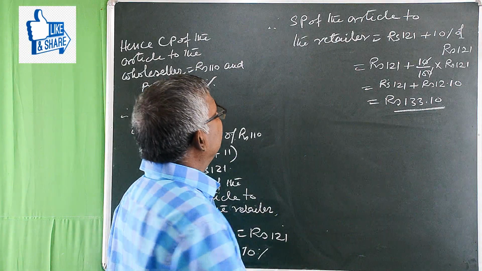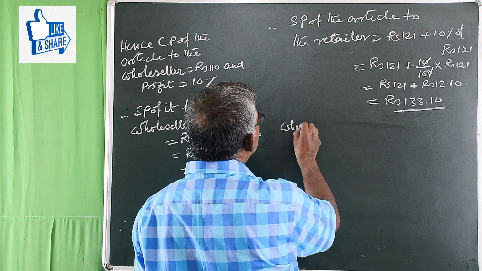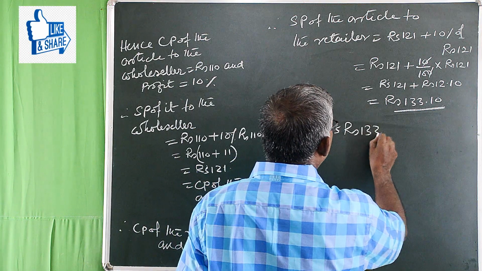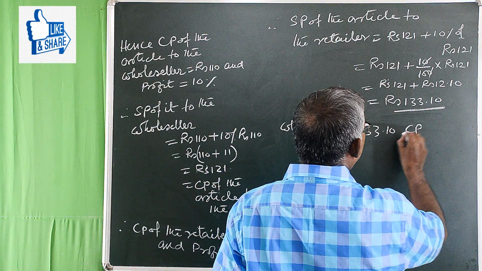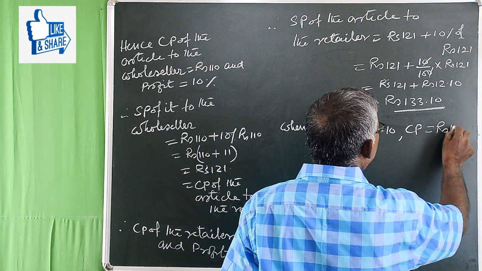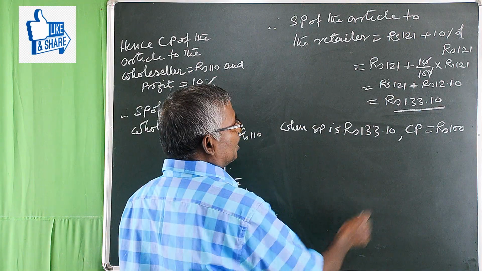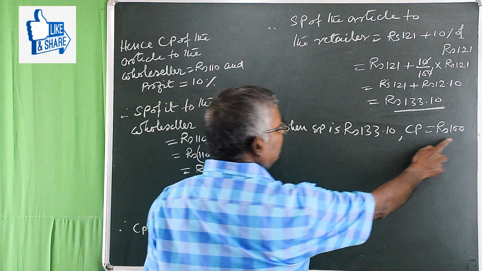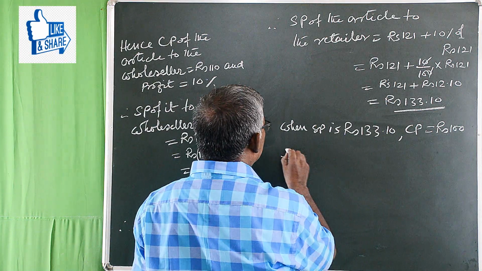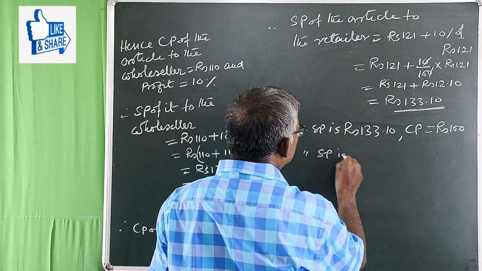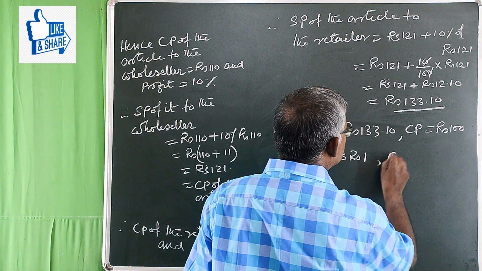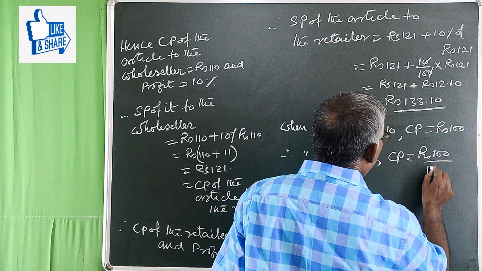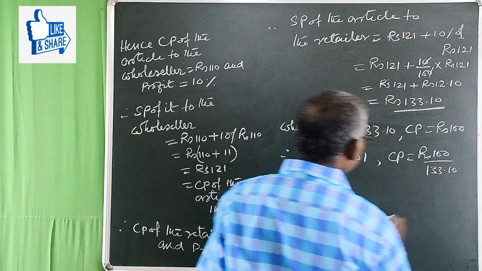Students, so we get the selling price of the article to the retailer is rupees 133.10. Therefore, we can write when SP is rupees 133.10, CP equals rupees 100. We have taken the cost price of the article for the manufacturer as rupees 100. Therefore, when SP is rupees 1, then CP equals rupees 100 by 133.10.